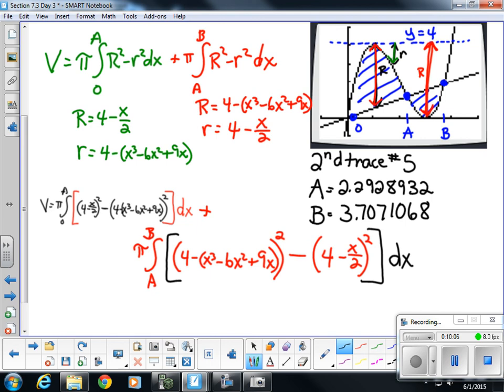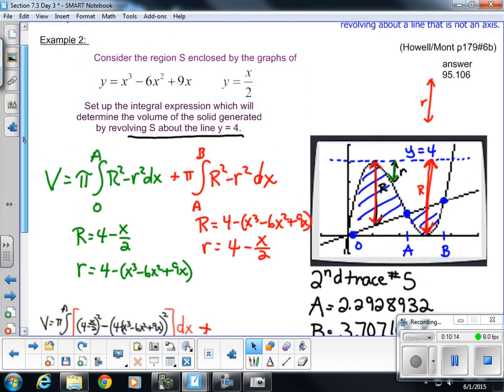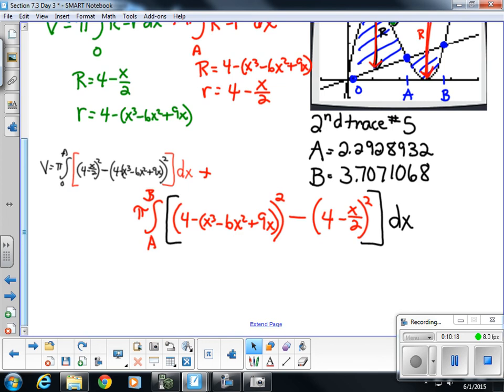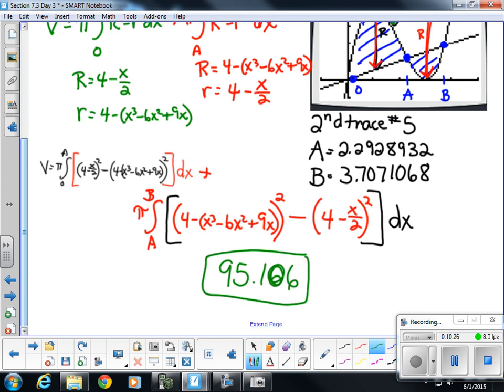All right, if we add those two together, that would give us our equation. And what you should get, if you put that into your calculators, is 95.106. So test that out.